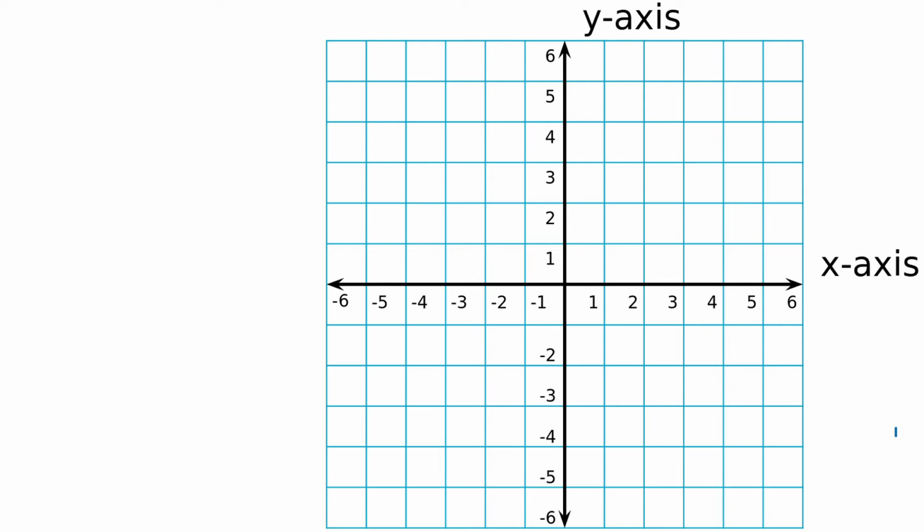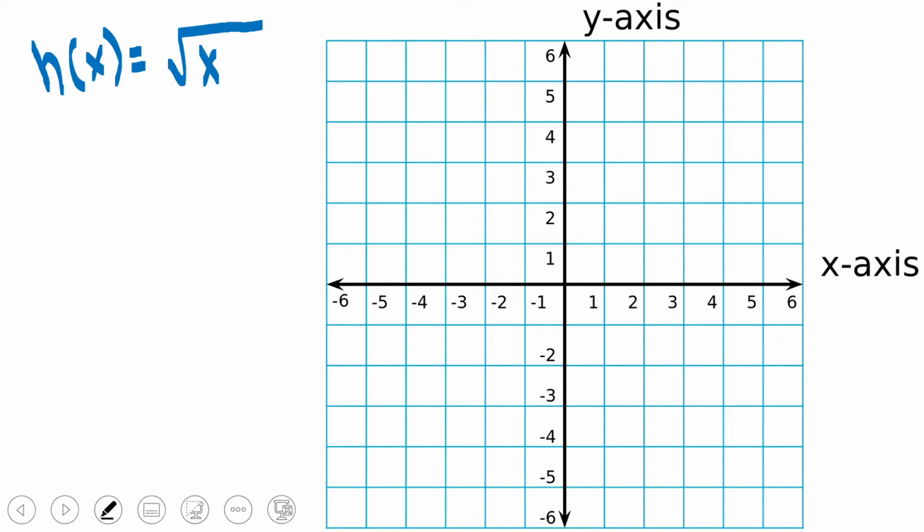We want to address what's under the root symbol and see what happens to the parent graph on the shift. It's really cool. We can take our radicand and set it equal to 0.